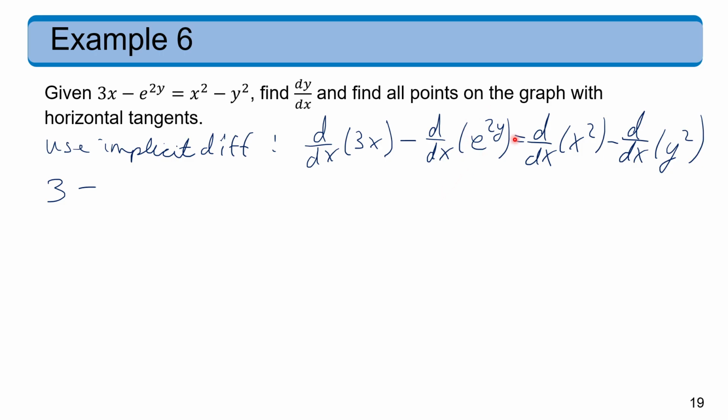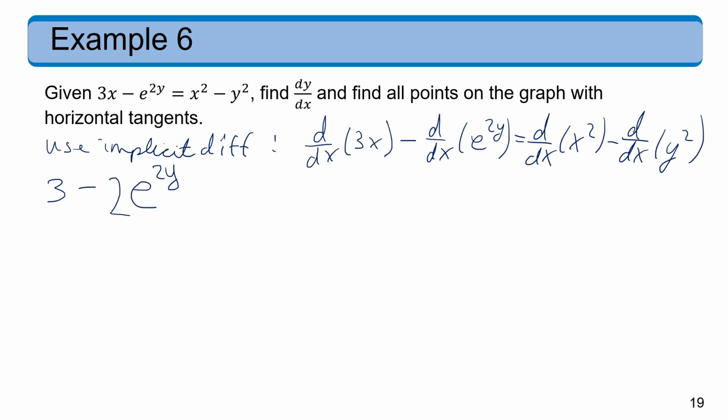So first we take the derivative of e to the 2y with respect to y, which is in and of itself a chain rule problem because it's not just a single letter in the exponent. So the outer function is the exponential e to a power, and the derivative there is itself, keeping the inside part as it is. And then we have to multiply by the derivative of the inside part. So the derivative of 2y with respect to y is 2.